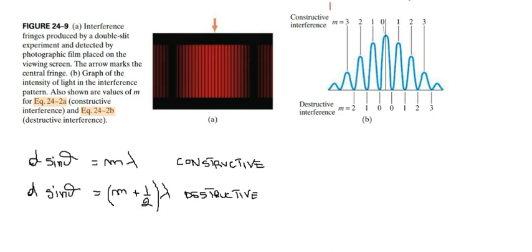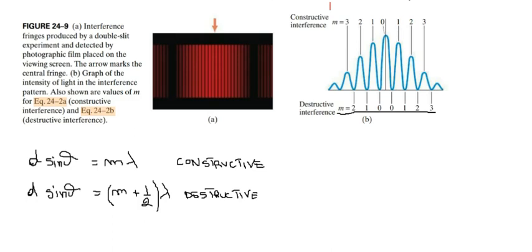In the picture on the right, it is represented the amplitude of the wave, better, the intensity of the wave. And also you can see that are reported the different values of m and what they are giving to me.